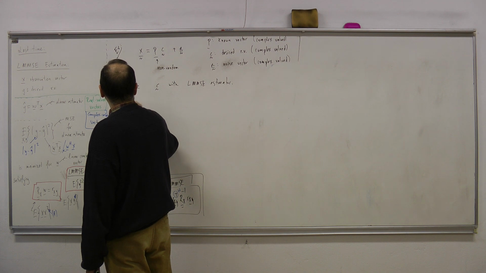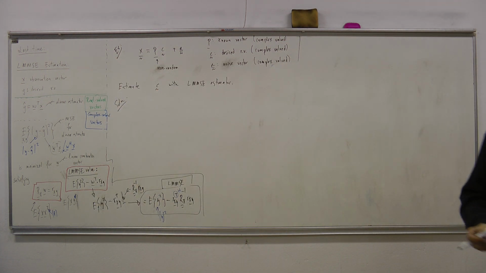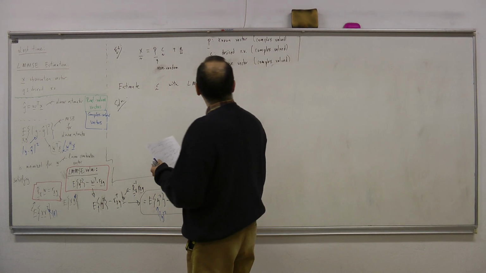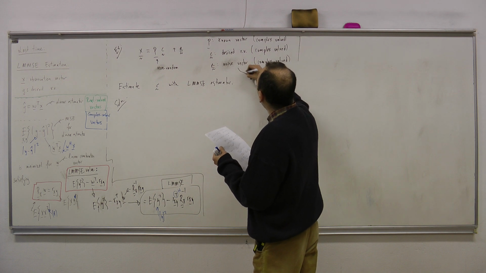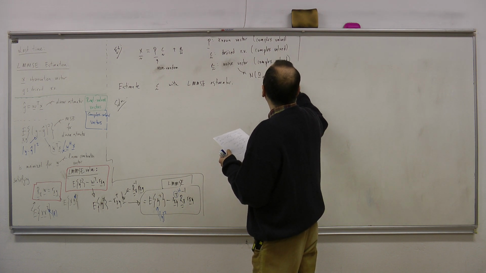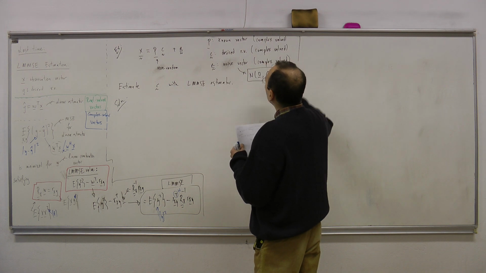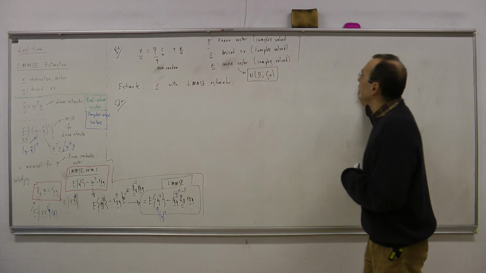Now, the solution for this. Let me look at my notes. Well, the problem is this. The noise is given as zero mean, and it has covariance matrix Cn. The noise vector is complex valued.